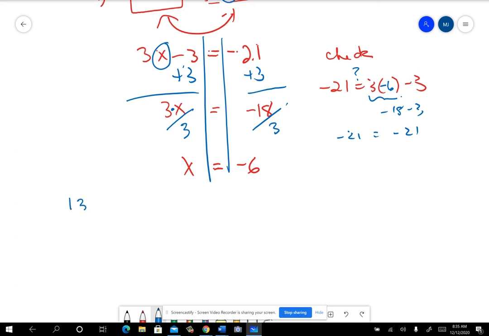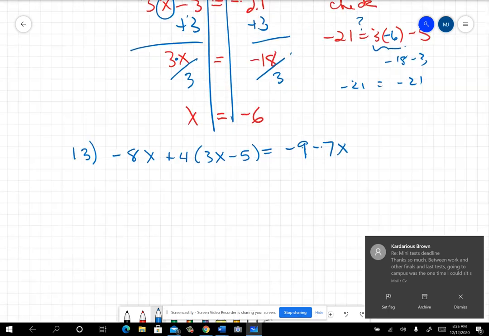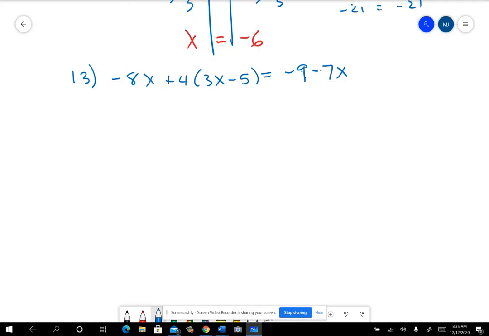On problem number 13, you've got distributing to do, and you've got variables on both sides. So what you do first is get rid of the parentheses by distributing.